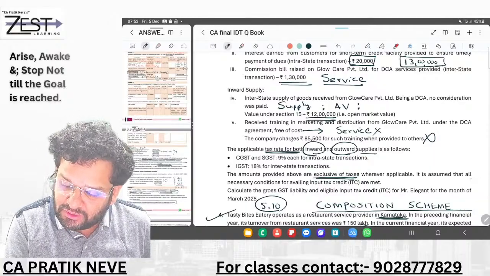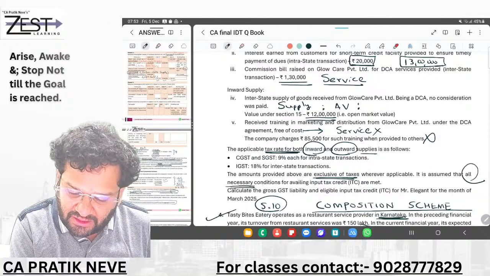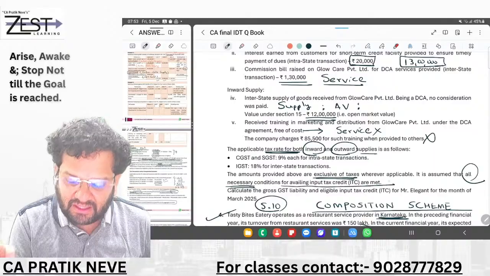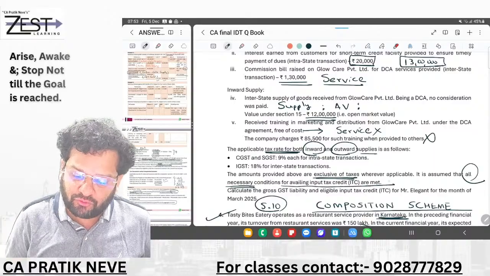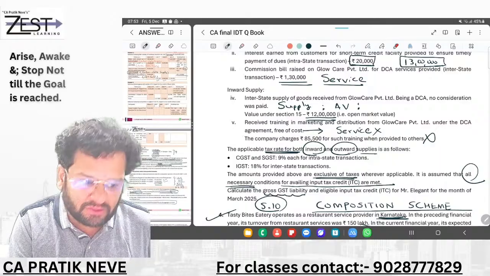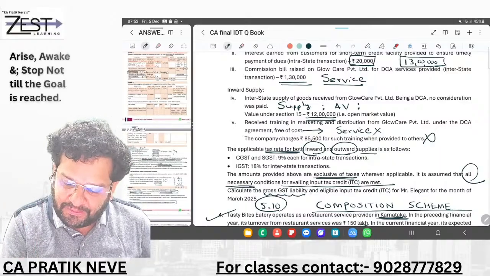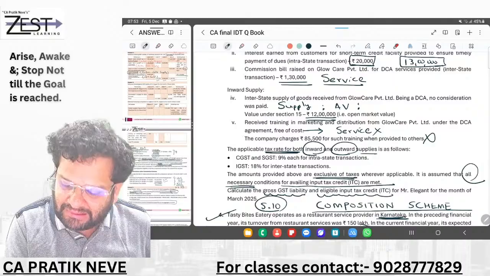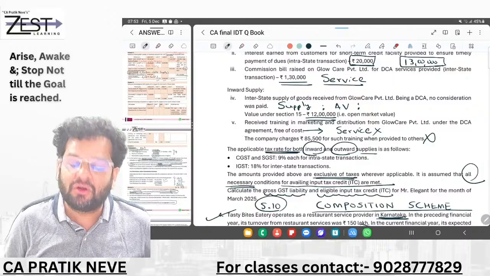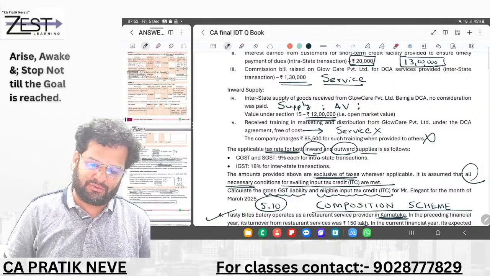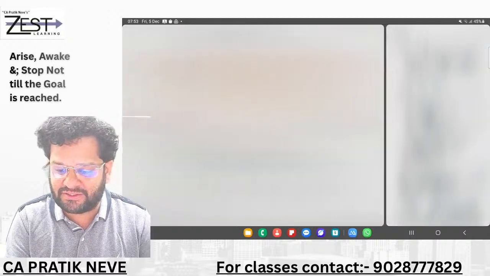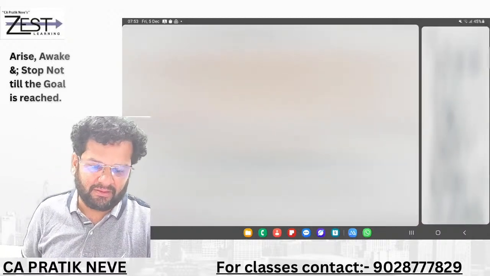It is assumed that all necessary conditions for availing ITC are met. What you have to do, you have to compute gross GST liability and eligible ITC for Mr. Elegant for the month of March. Let's do it, friends.